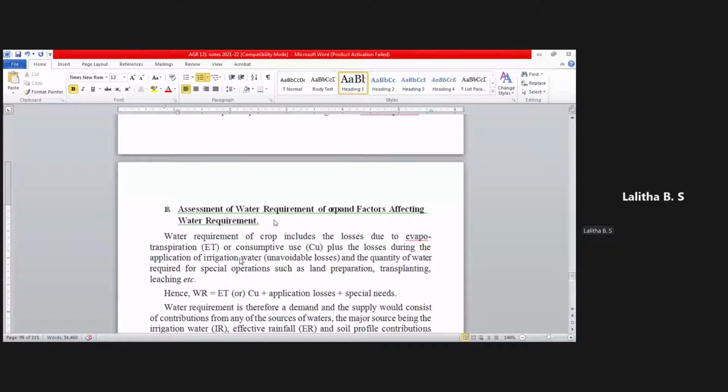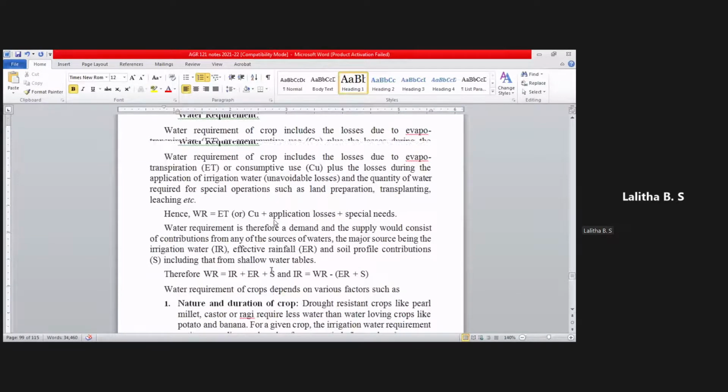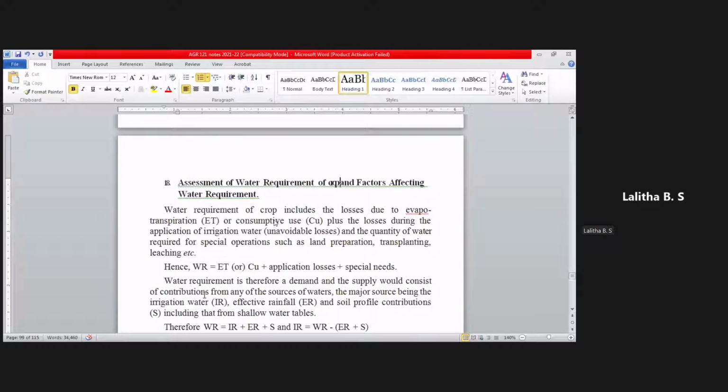Empirical or other formulas say that rice requires this much, sugarcane requires this much, whereas paddy or wheat or maize, each crop will have its own water requirement. We can work it out by these empirical formulas. And what are the factors that affect it?